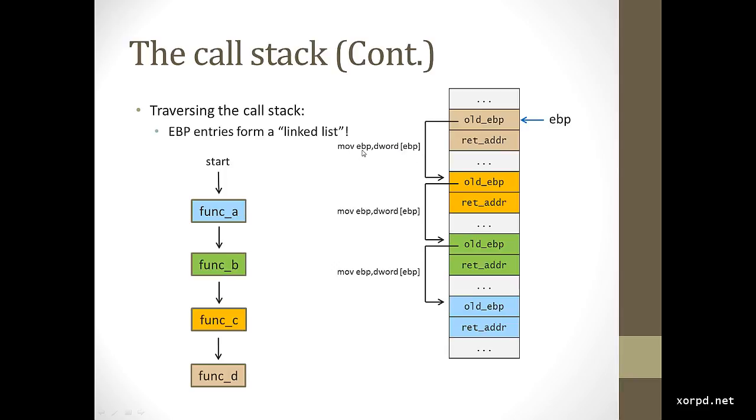If we use this instruction, we will get this new location. And if we use this instruction again, move EBP, dword EBP, we are going to get to this new location, and so on. This is basically just an idea to emphasize what the stack looks like.